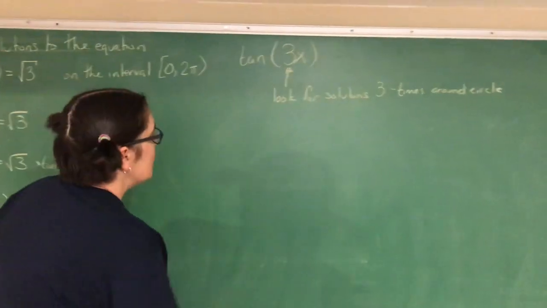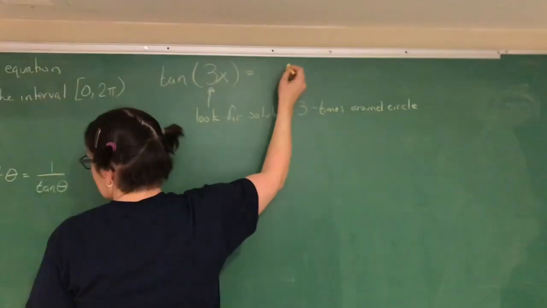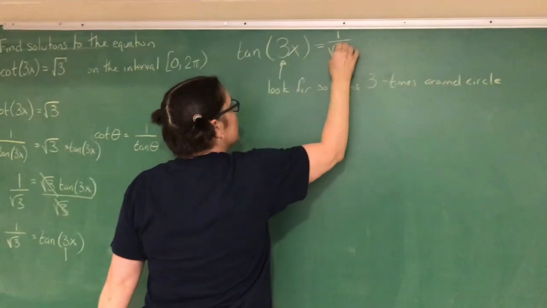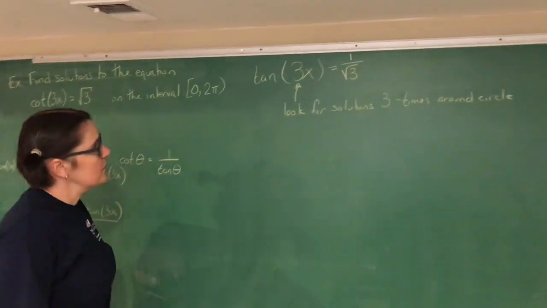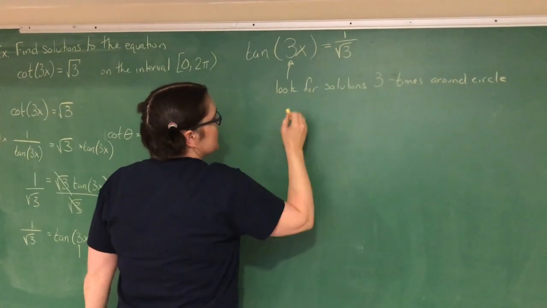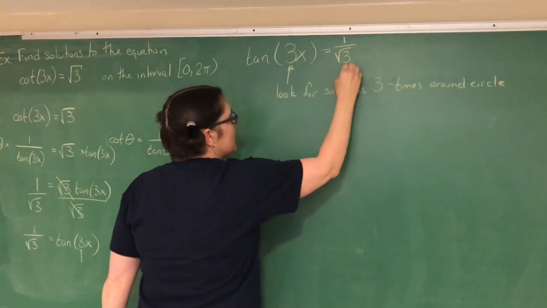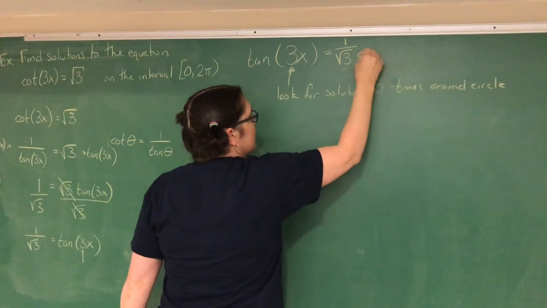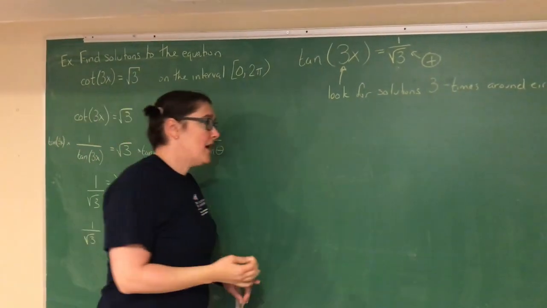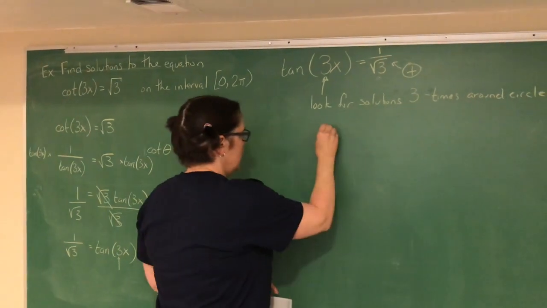Okay, so we have tangent of 3x is equal to 1 over square root of 3. So tangent, let's see, we have 1 over square root of 3. That value is positive, and I know that tangent is positive in quadrant 1.